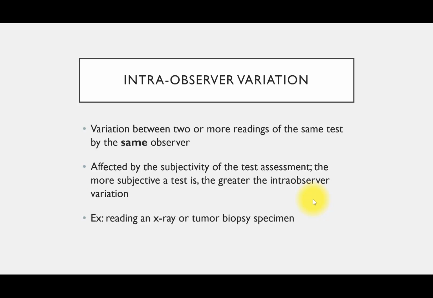Intra-observer variation means that the same doctor looks over the same results and comes up with a different conclusion. Maybe the second time he took a more careful look and was able to notice something that he or she did not notice the first time around. Or maybe she's trying to determine something that is very subjective and not exactly clear-cut.